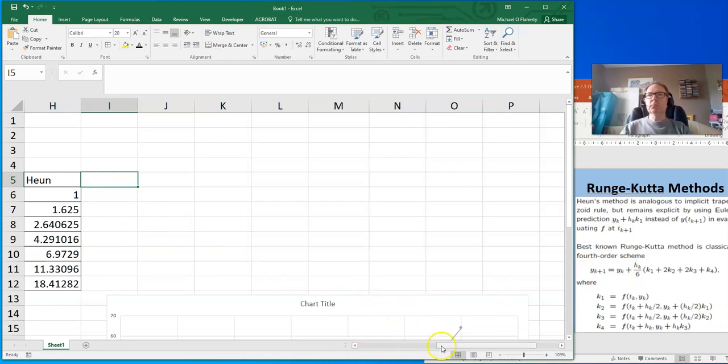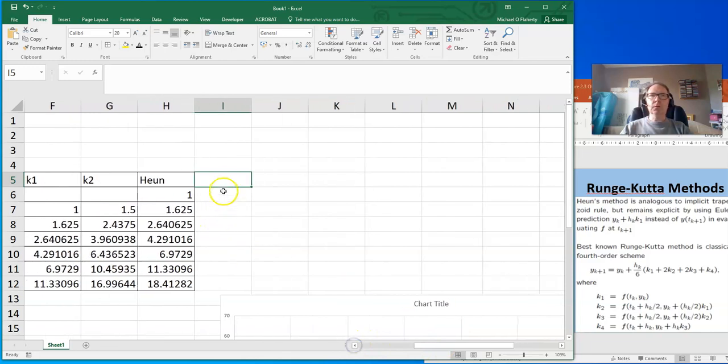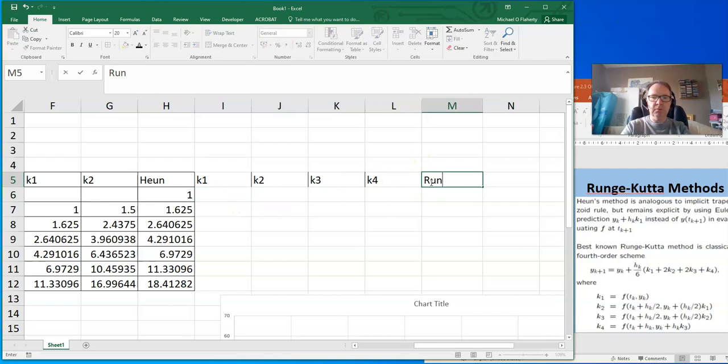So let's call these columns k1, k2, k3, and k4. And this column is where I'm going to put y calculated by the Runge-Kutta method.